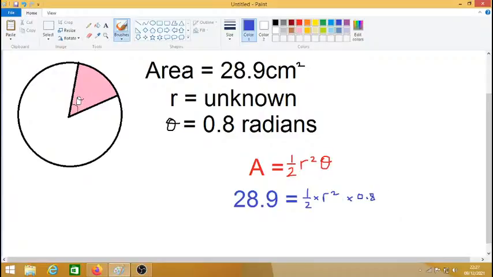Okay, we can get rid of the half by timesing everything by 2. So we can times by 2 on this side, times by 2 on this side. Then the half and the times 2 will cancel. We can get rid of the times by 0.8. We can move it onto the left-hand side, and it'll become a divide by 0.8.